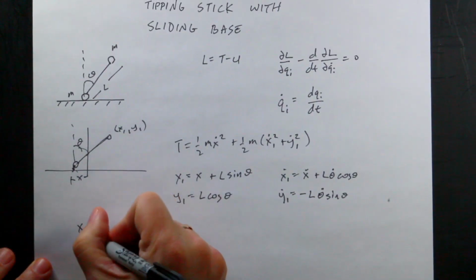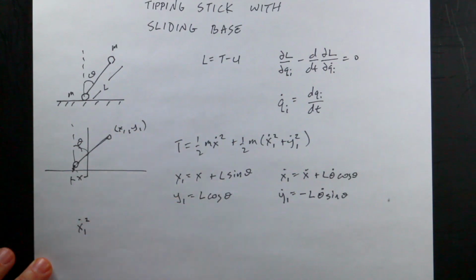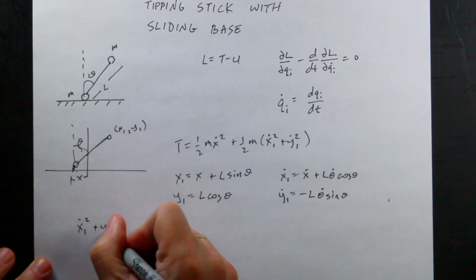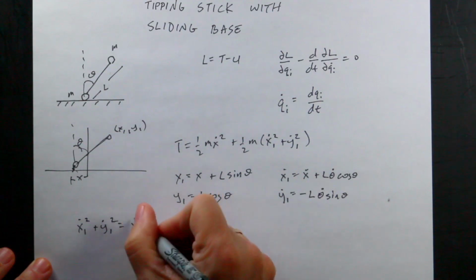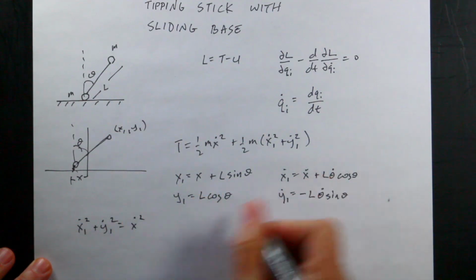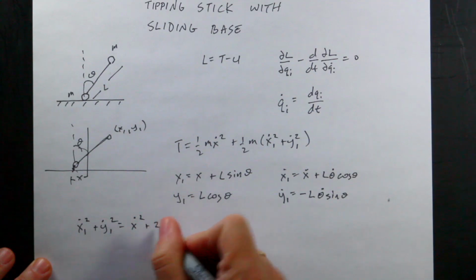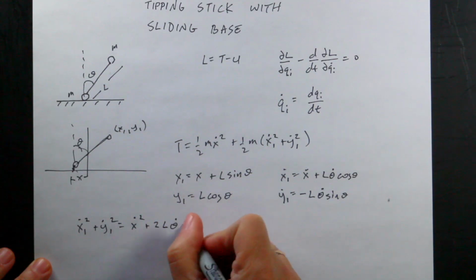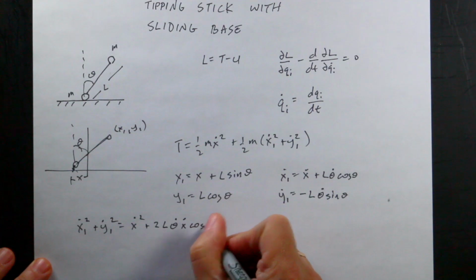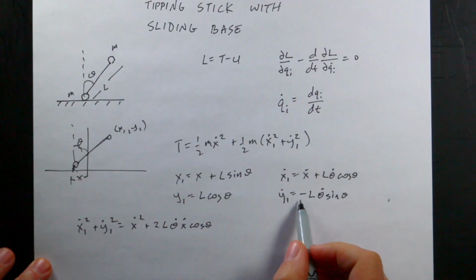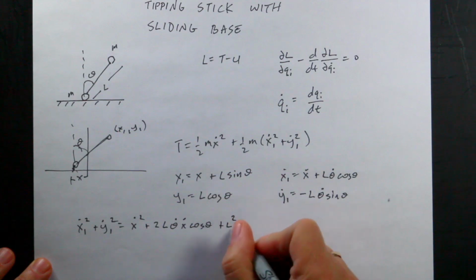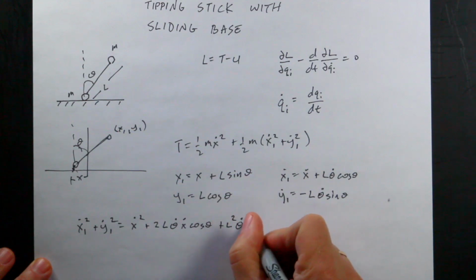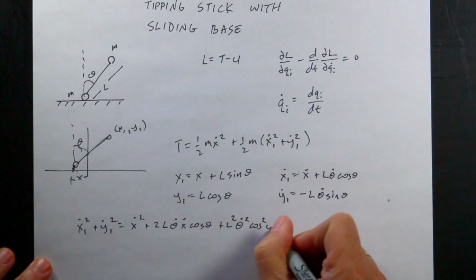So x1 dot squared, and I'm going to write out the whole thing, plus y1 dot squared. Okay, so this one I'm going to get x dot squared, and then I'm going to get two cross terms, plus 2L theta dot x dot cosine theta, and then I'm going to get this squared, that squared, plus L squared theta dot squared cosine squared theta.